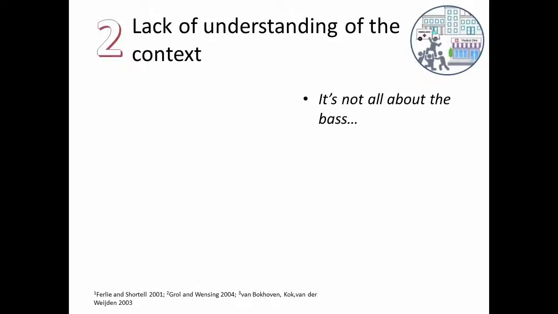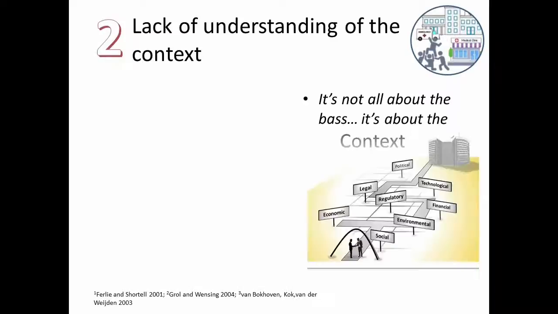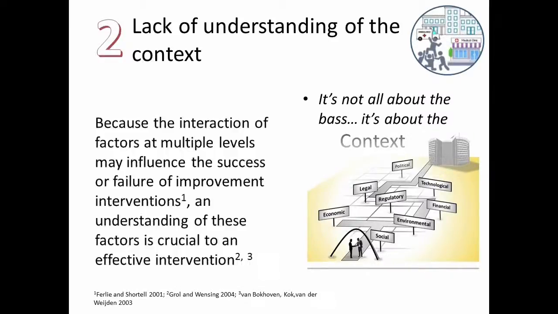Number 2, lack of understanding of the context is another reason why implementation fails. It's not all about the base, it's about the context. And you'll hear the word context over and over when talking about implementation. Because the interaction of factors at multiple levels may influence the success or failure of improvement interventions, an understanding of these factors is crucial to an effective intervention.